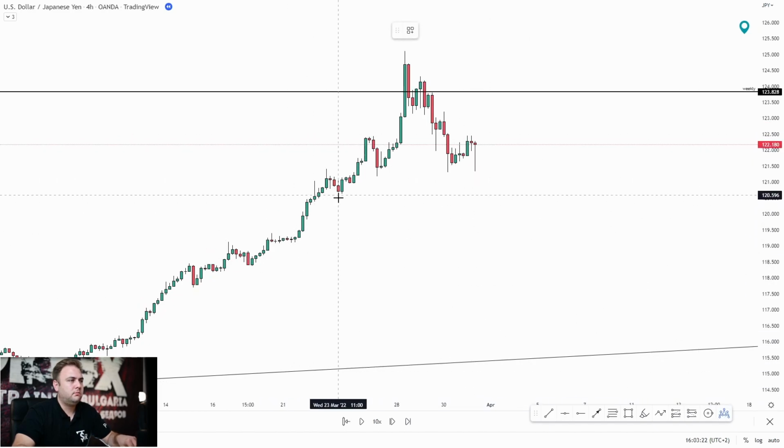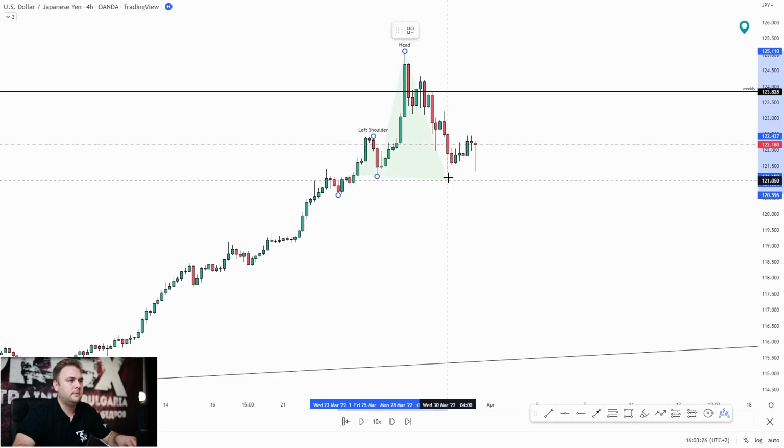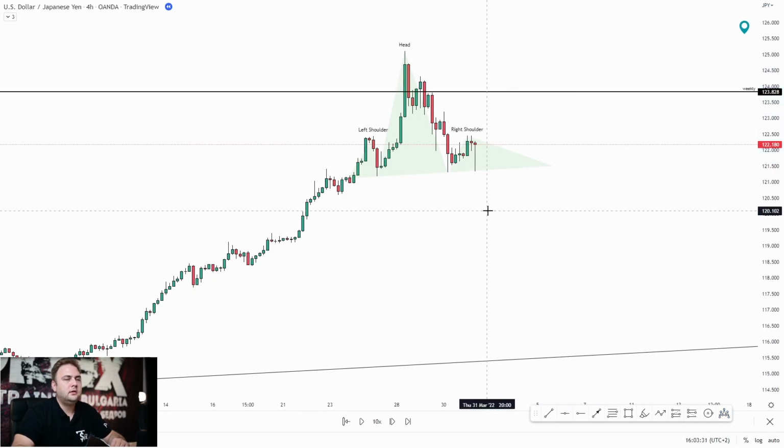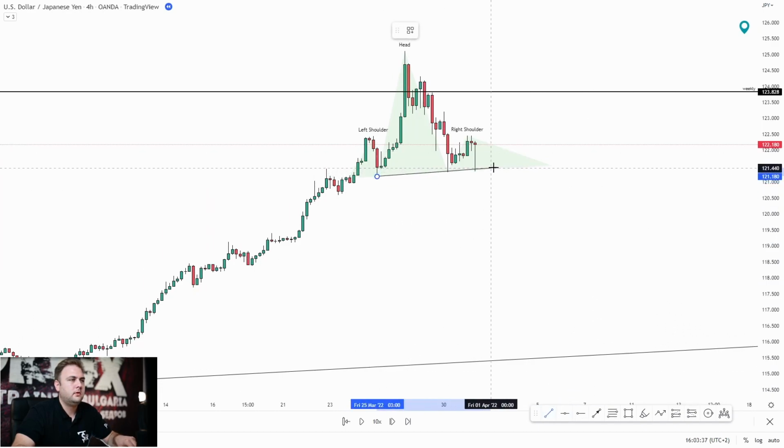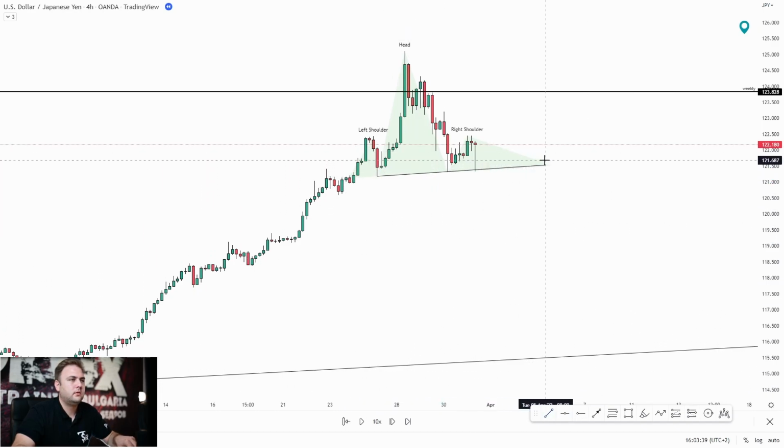So, we are going to make our head and shoulders pattern just like this. And we are expecting now the price to break the neckline of the pattern. This is our neckline. And let's see what the price will do.